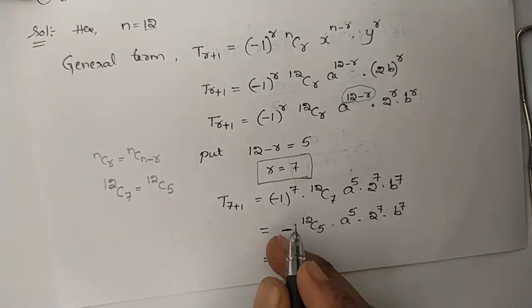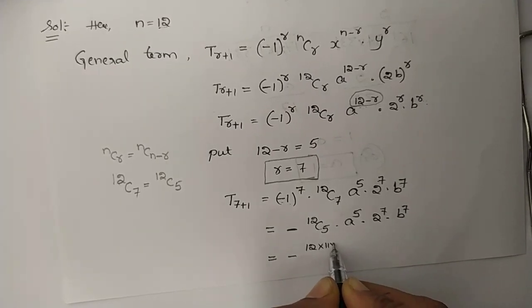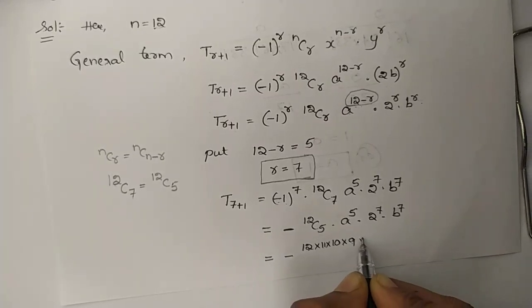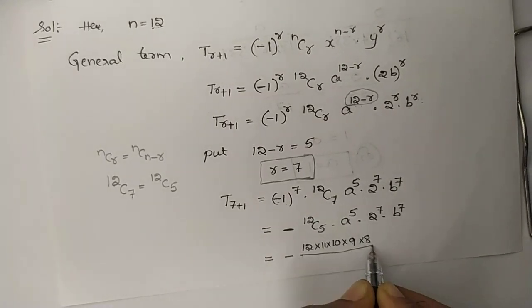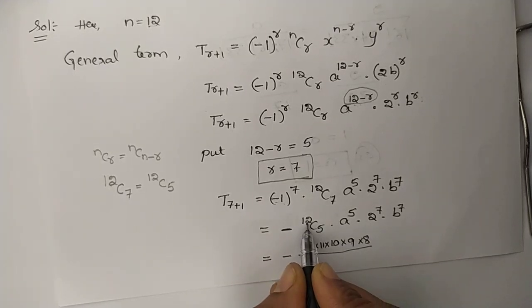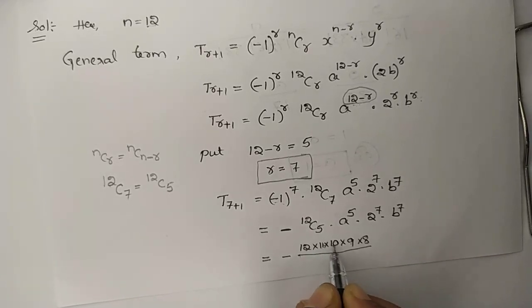How to simplify 12C5? 12 into 11 into 10 into 9 into 8, divided by... decrease this 12 up to 5 times using the multiplication: 1, 2, 3, 4, 5.